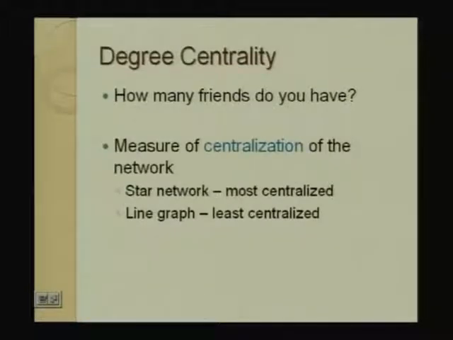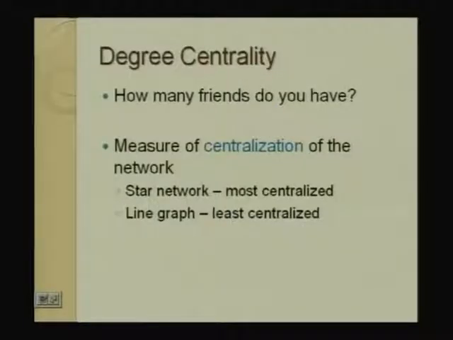Again, there is the measure of centralization of a network, the concepts of centralized and decentralized. A government can be centralized if the national government controls everything and looks after everything. A government is decentralized like in the United States, where every state controls its own issues.